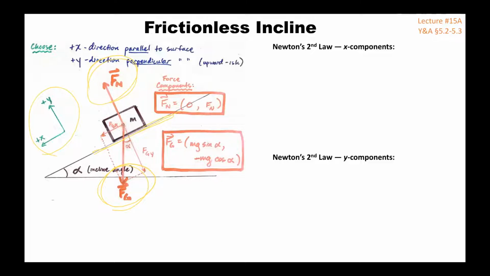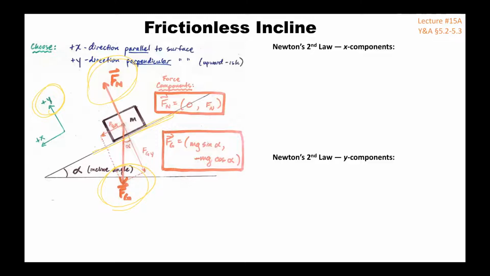But by choosing our y-axis to be like this, perpendicular away from the ramp, then the normal force lies exactly along the y direction, and it has no x component, and its y component is simply its entire magnitude. So that's actually a convenient thing that simplifies our math.